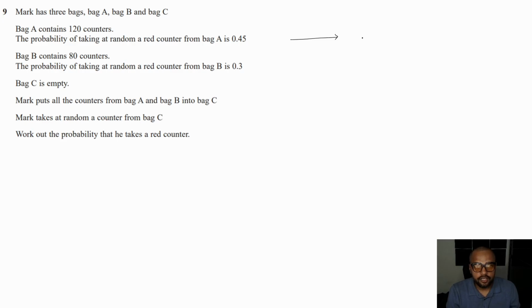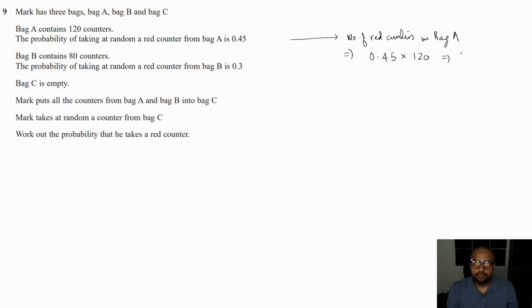So if I say how you will calculate the number of red counters in bag A, I'll be writing it here. Number of red counters in bag A will be equals to 0.45 cross of 120. 0.45 cross of 120.